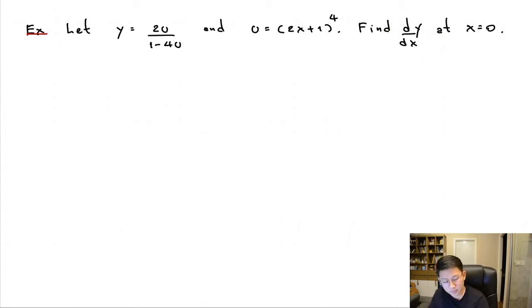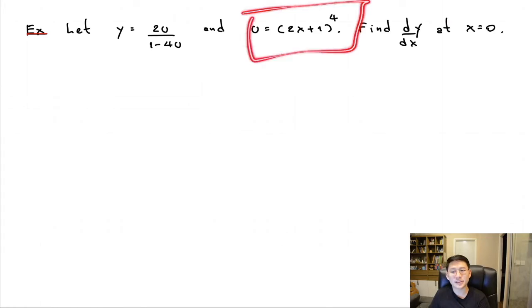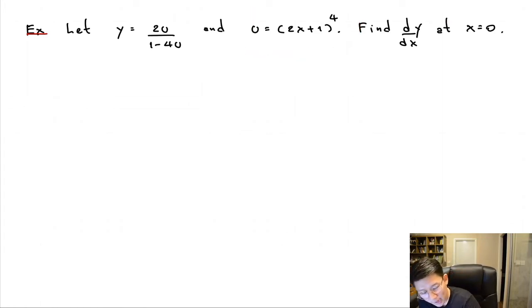First, if you look at this function, y is already in terms of u, and u is already in terms of x. So first I'll look at dy by dx, which is dy by du times du by dx.